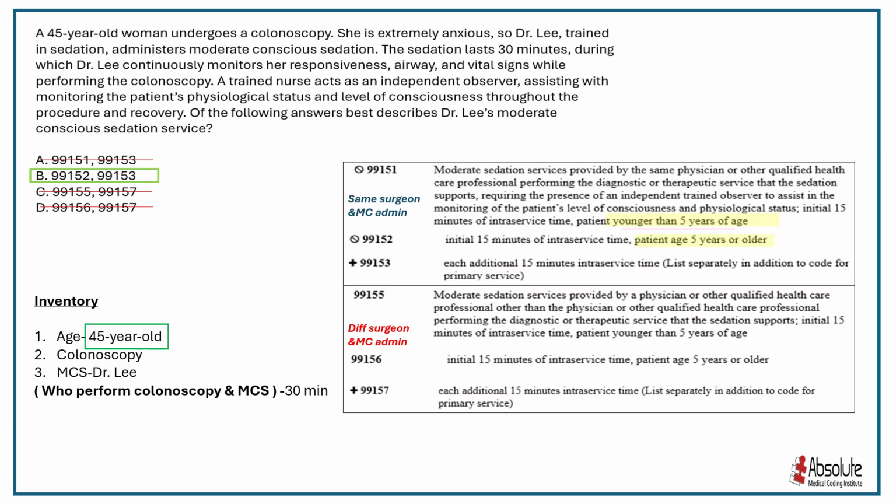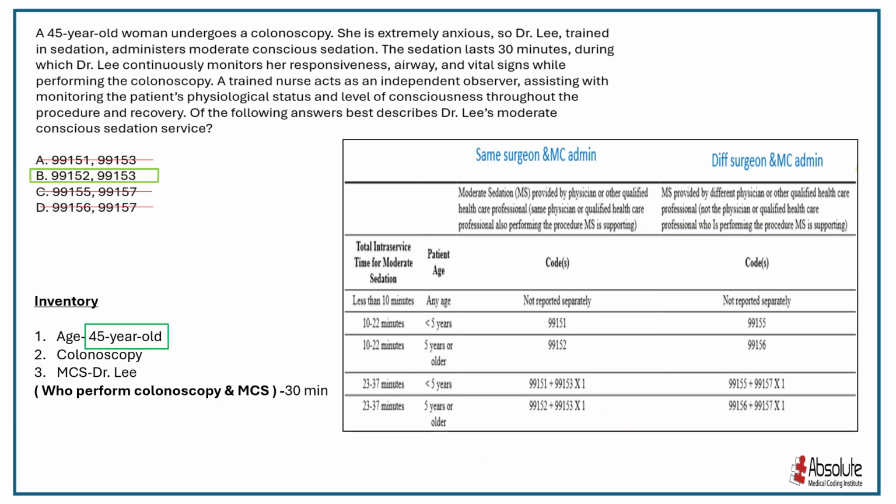And if you are a person who likes to select the code using the table, you can do so. All you have to do is first identify or locate the time. It was 30 minutes of moderate sedation given, and then locate the correct age. For our scenario, the age of patient was 5 years or older.